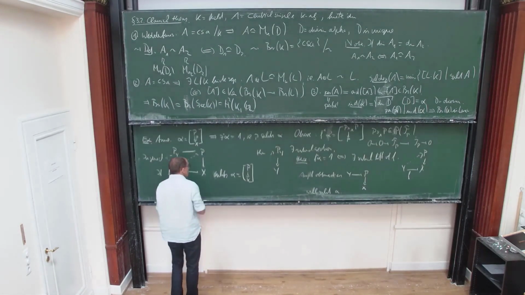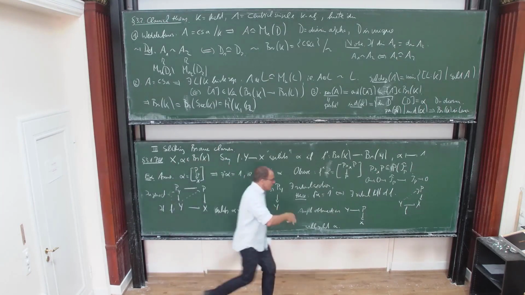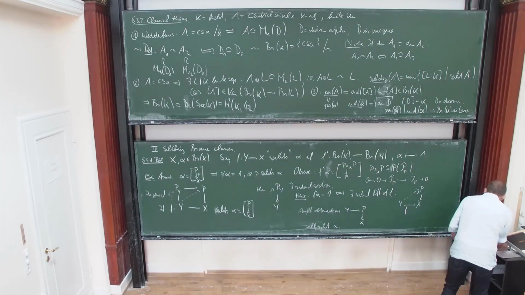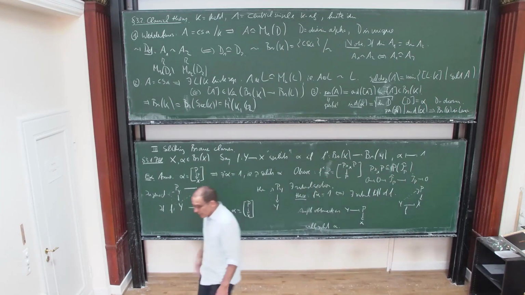Now there's a link between the index and the splitting degree. That's why people don't talk about the splitting degree. It turns out the minimal degree that you need to split a Brauer class is in fact just the index.